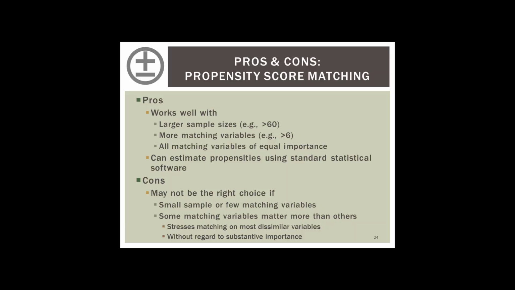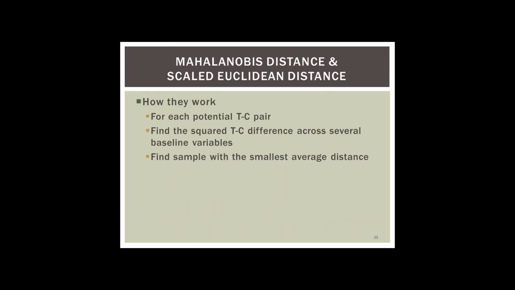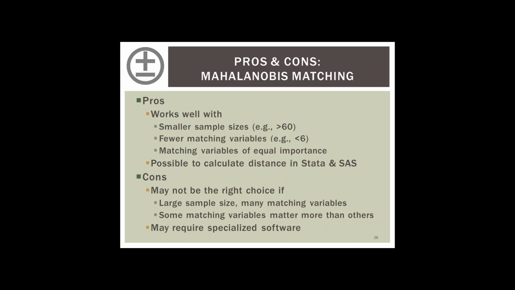The Mahalanobis distance and the scaled Euclidean distance are very similar in the sense that they identify all the potential treatment-comparison pairs, then create samples with all these possible combinations, and select the sample that has the smallest average squared distance. So this is how the Mahalanobis distance and scaled Euclidean distance work.